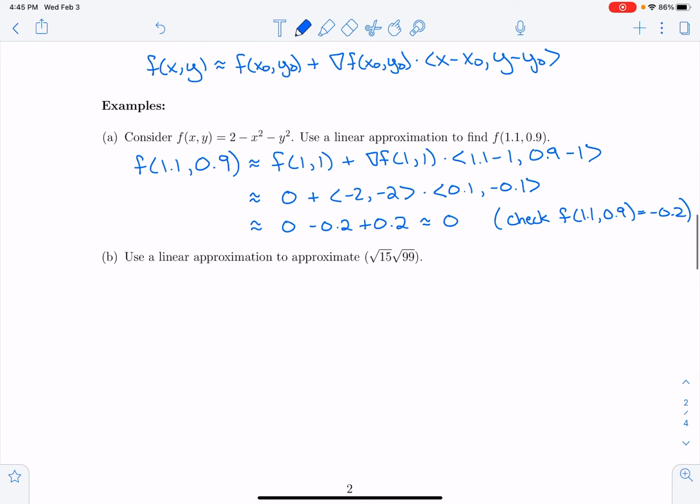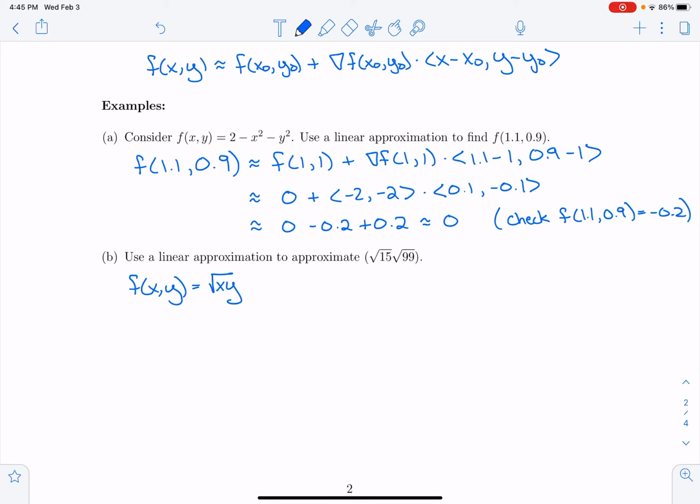Now suppose we wanted to approximate, say, the square root of 15 times the square root of 99. So in other words, we've got a function f of x y, and that function is the square root of x times y, or square root of x times square root of y.